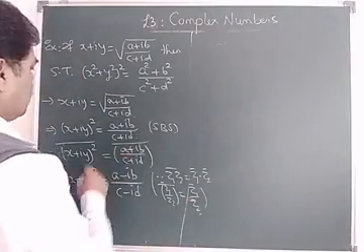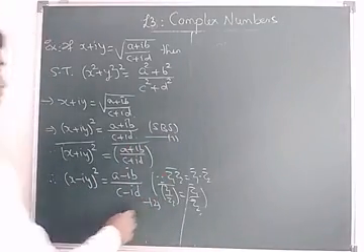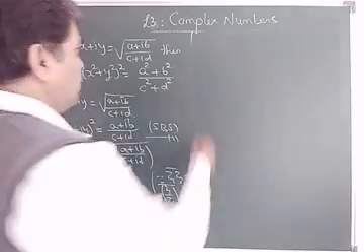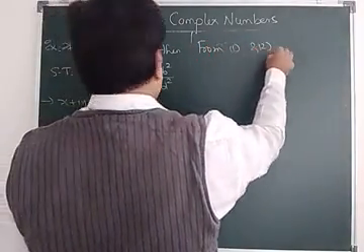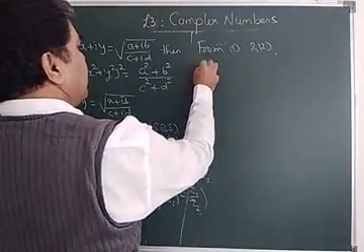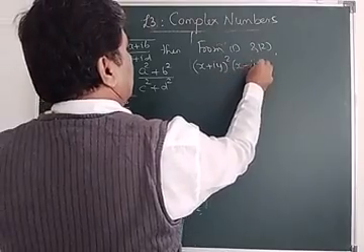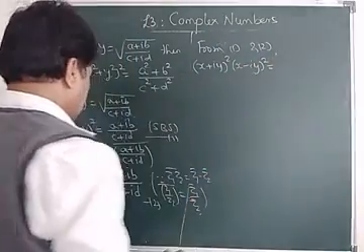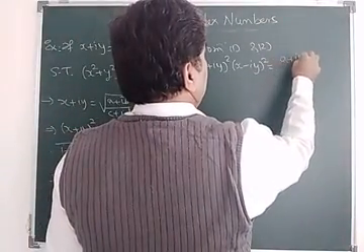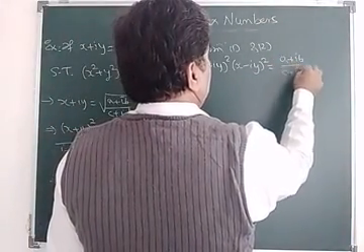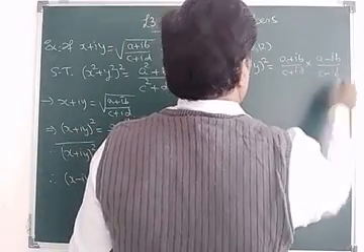So this is your 1, this is 2. From 1 and 2, we get (x plus iy) whole square into (x minus iy) whole square is equal to (a plus ib) upon (c plus id) into (a minus ib) upon (c minus id).